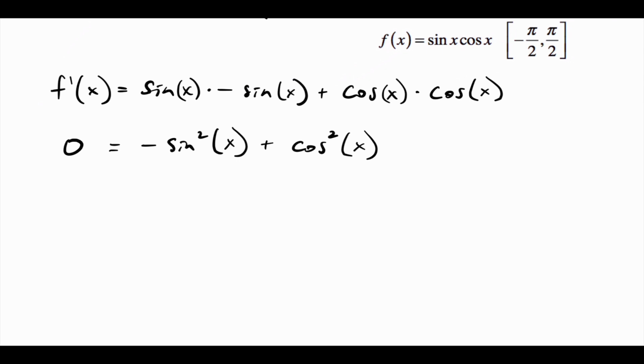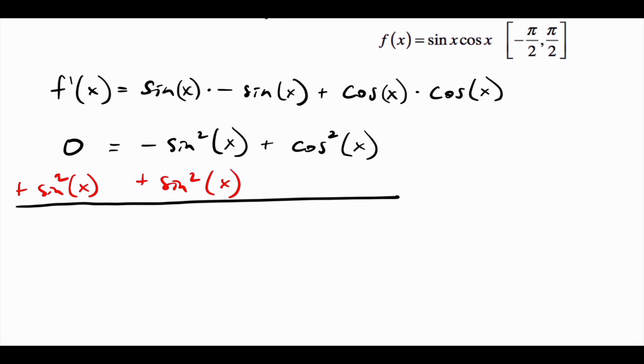I set them equal to each other. So I get positive sine squared of x equals cosine squared of x.